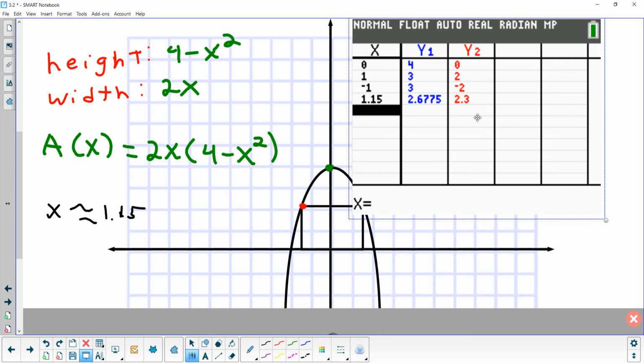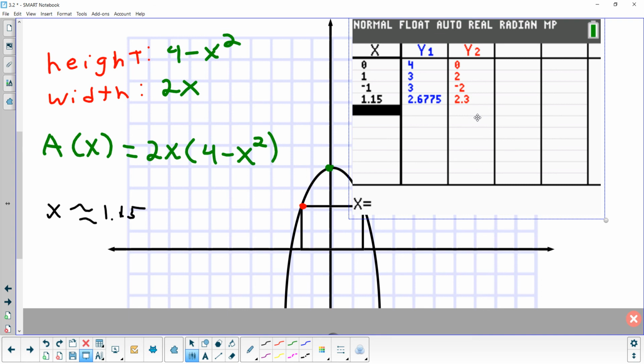Yeah? When you look at both functions together, the maximum goes above the parabola, the actual function, 4 minus x squared. Our area equation goes above it so that the maximum is greater than the parabola.